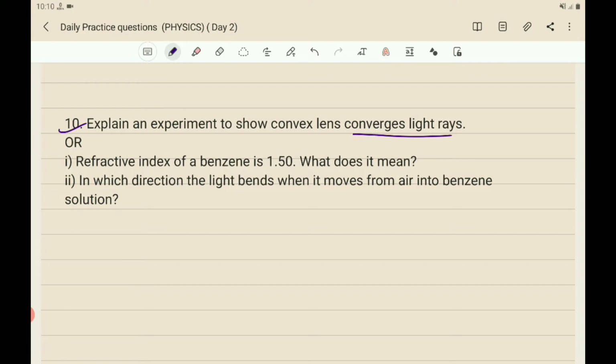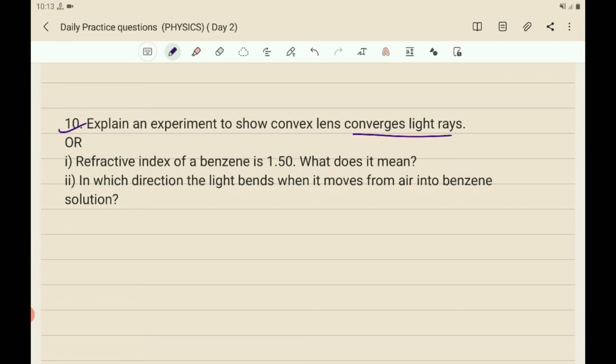Keep observing the paper. After a while, the paper begins to burn, producing smoke. It may even catch fire. This experiment makes it clear that when a high intensity parallel beam of light falls on a convex lens, it converges and meets at the focus on the other side of the lens. So you can say that convex lens converges light rays.